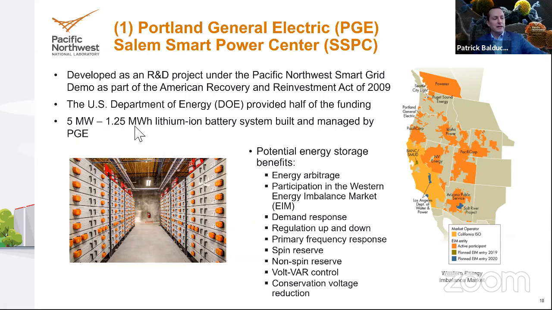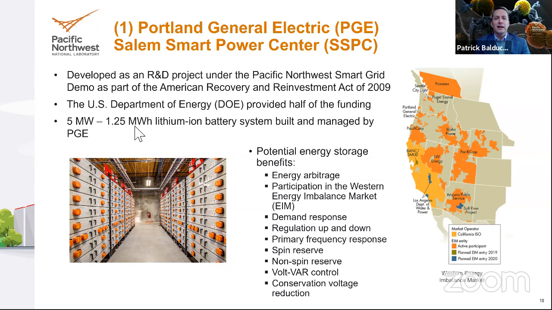So here is one example project, the Salem Smart Power Center. This was a 5 megawatt, 1.25 megawatt hour lithium ion battery system built and managed by Portland General Electric. They initially received significant funding under ARRA, the American Recovery and Reinvestment Act of 2009.